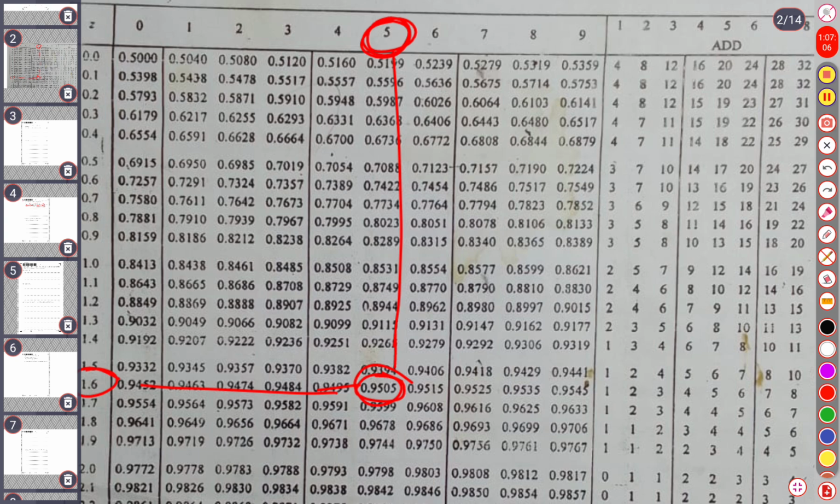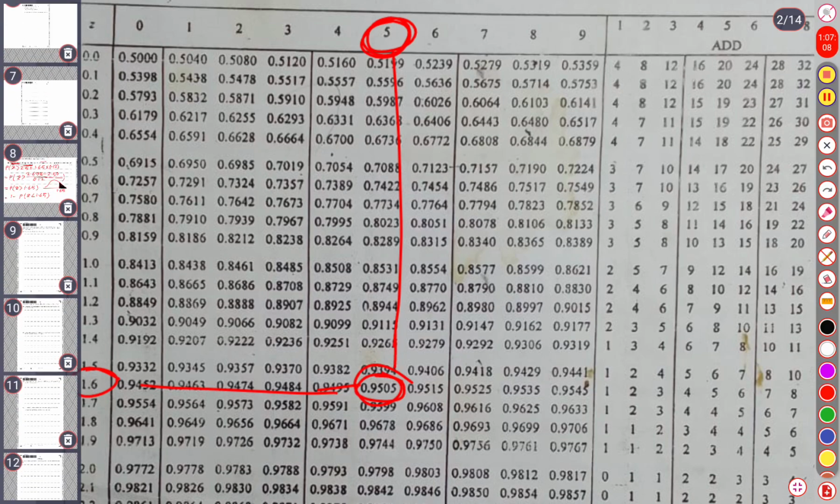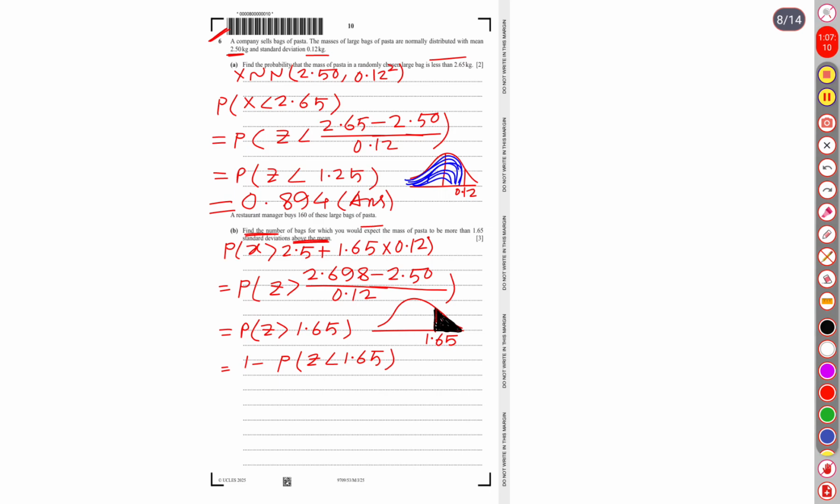So let us write 1 minus 0.9505. Hence our individual probability is going to be 0.0495.